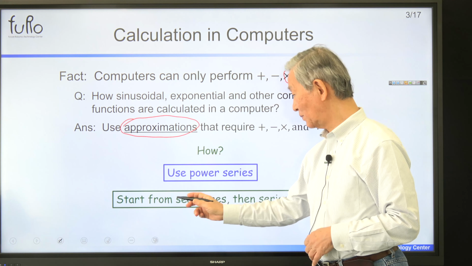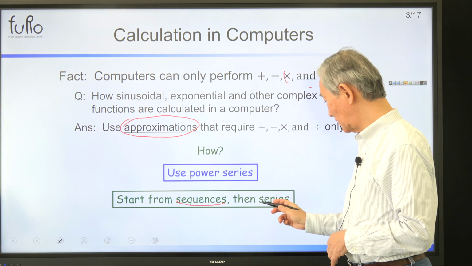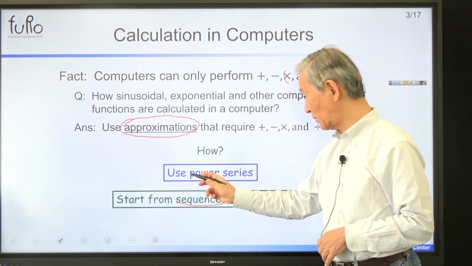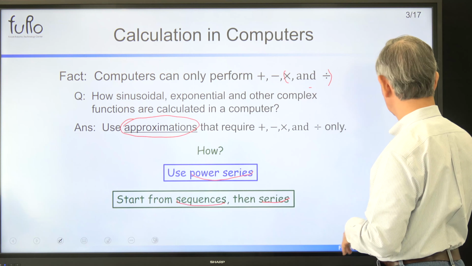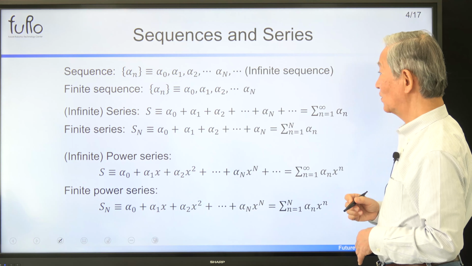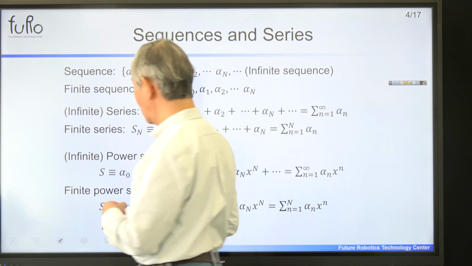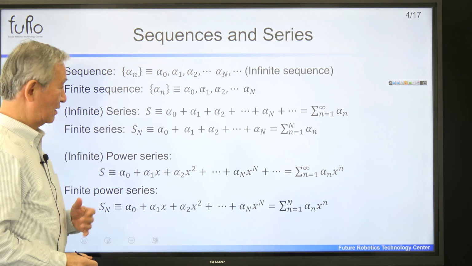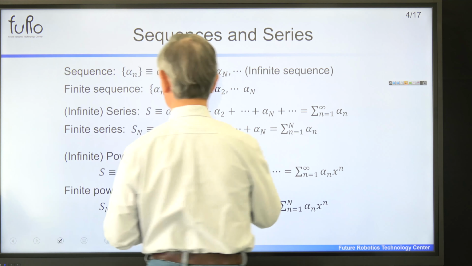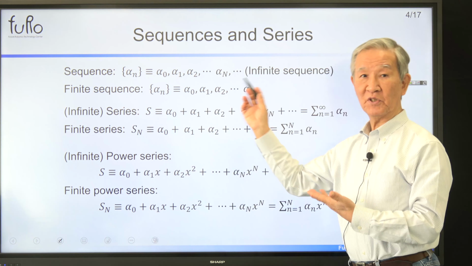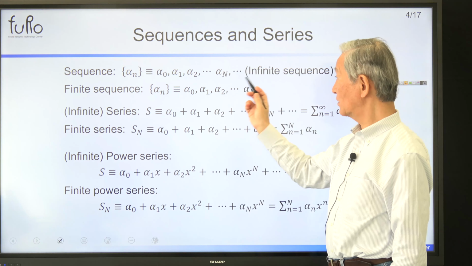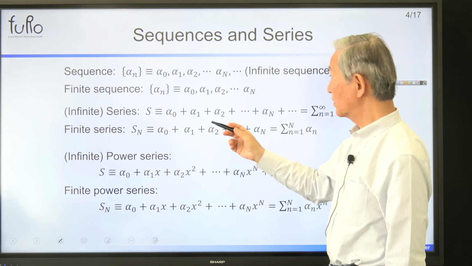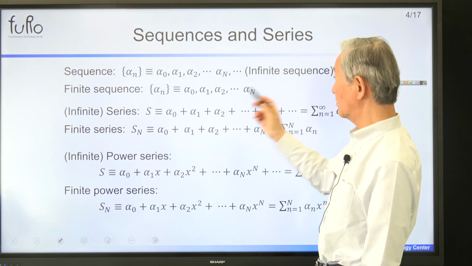Start from sequence, and then series, and then get to the power series. To get to that point, we start from something which is here. A sequence is just a bunch of numbers, one after another. And there are infinitely many of them, so this is called the infinite sequence or just a sequence.